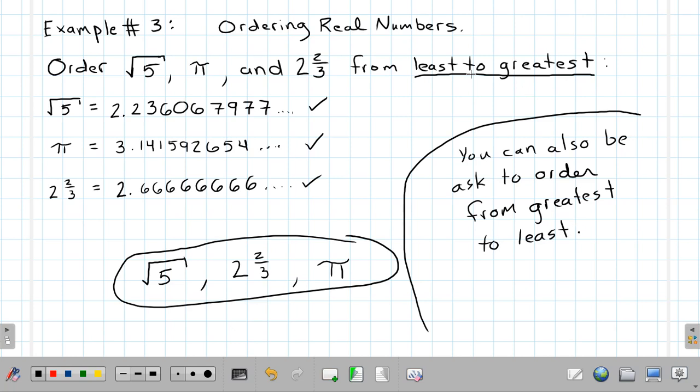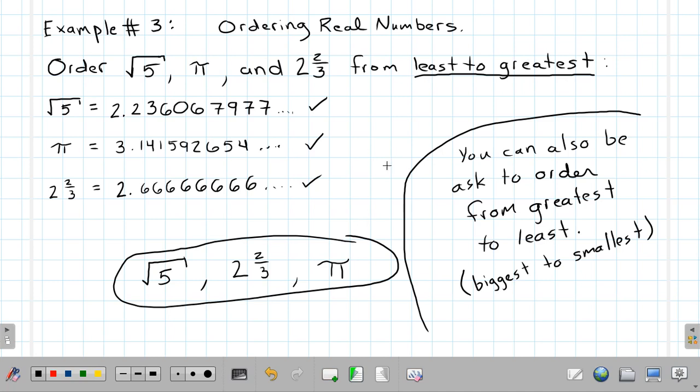Well, if least to greatest means smallest to biggest, then greatest to least means that it's going to be biggest to smallest. So it would be the exact opposite. You would want to list the biggest number first. So in this case, from greatest to least, it would be pi, then 2 2/3, then square root of 5.